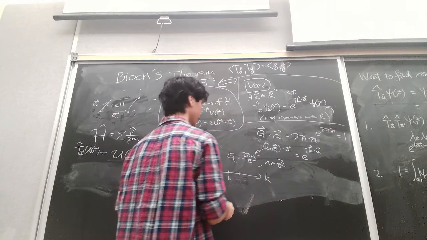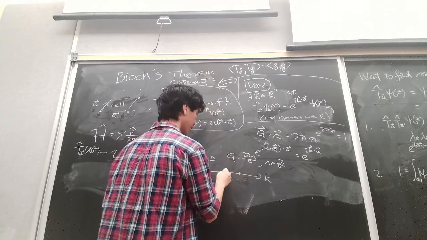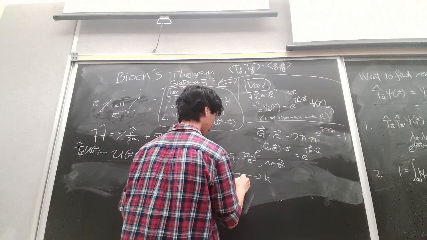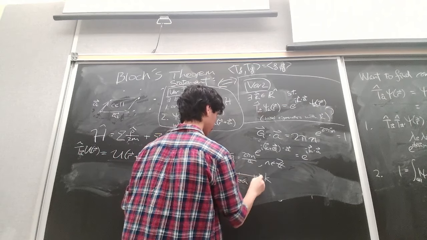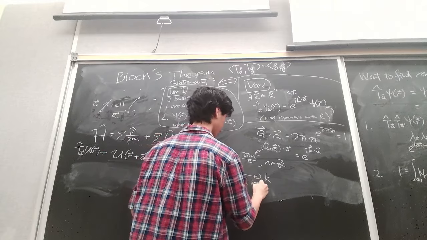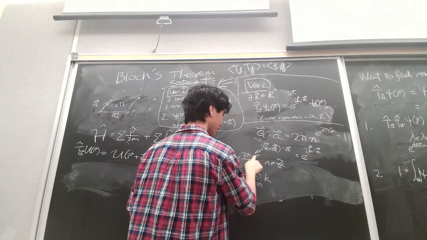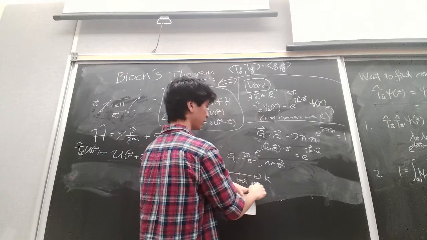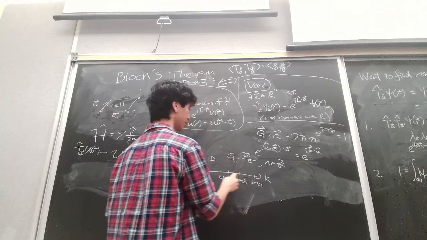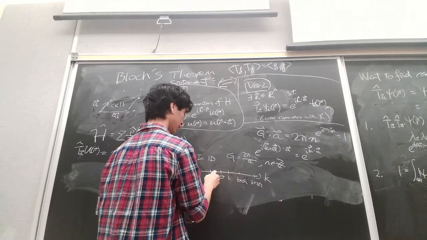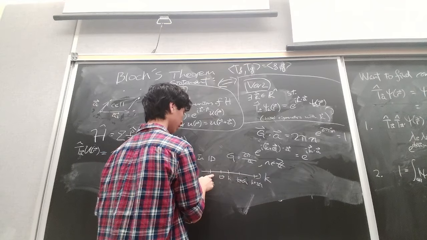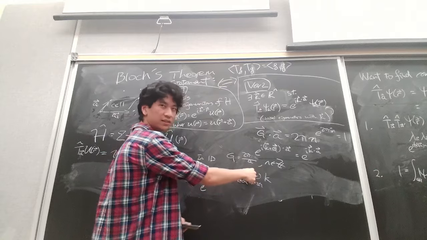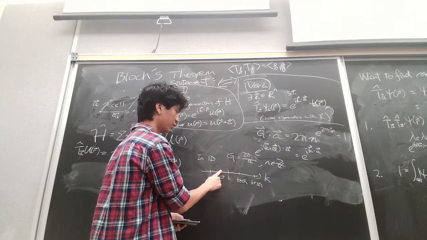So let's say this is 0. This is k, this is k plus g, and then k plus 2g, and so on. Then here's minus k, whatever. So what we're saying is these eigenvalues are really the same, not 0.